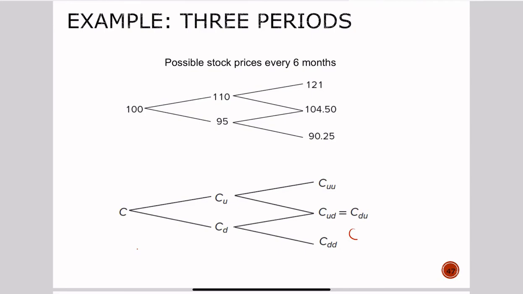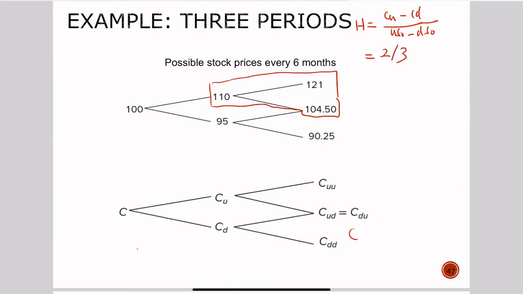Well, we know that the hedge ratio has the same formula as delta, right? So it's again CU minus CD over US0 minus DS0. So again, we would start from this part. I will just directly give you the answer here, since we have basically done this calculation. So it's 2/3. So this is the hedging ratio.